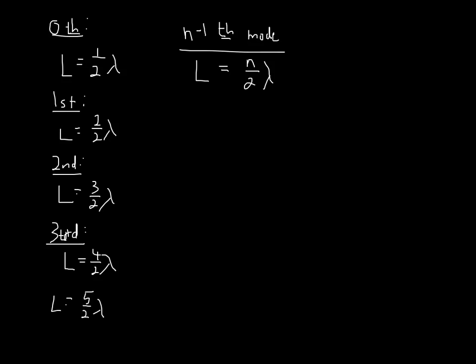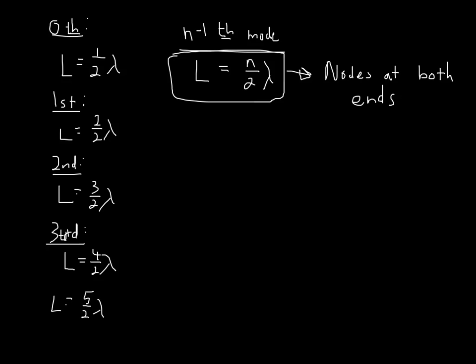This is a general equation that will work to find any mode for a situation where we have nodes at both ends. So this is a case where we have a guitar string attached at both ends.